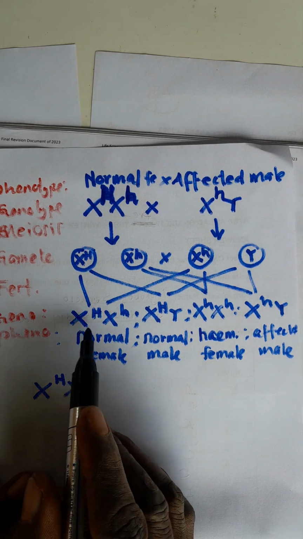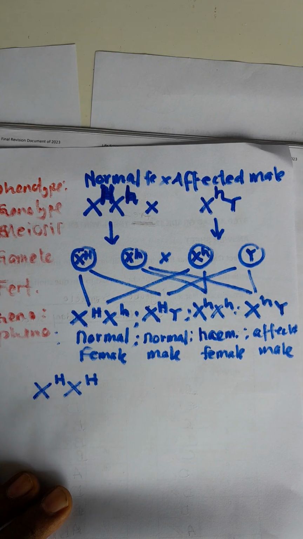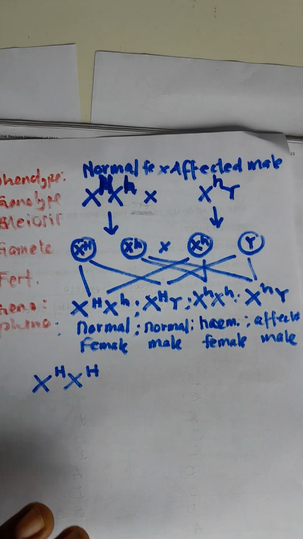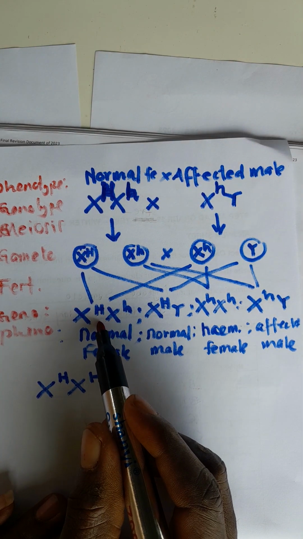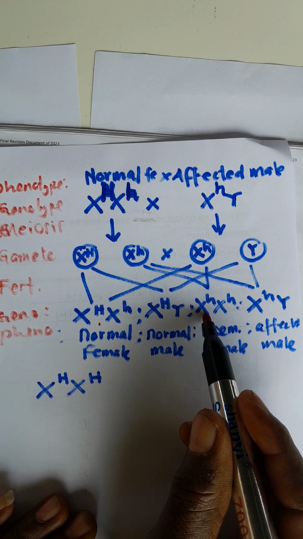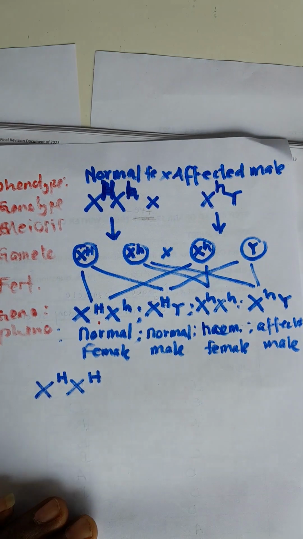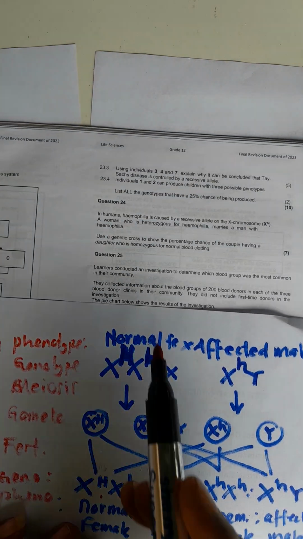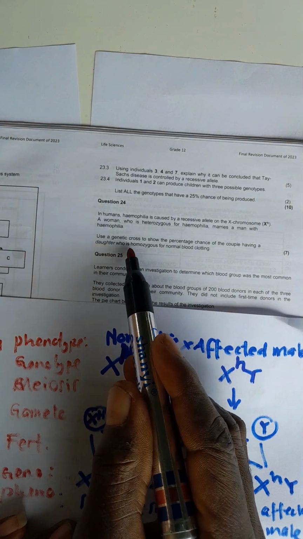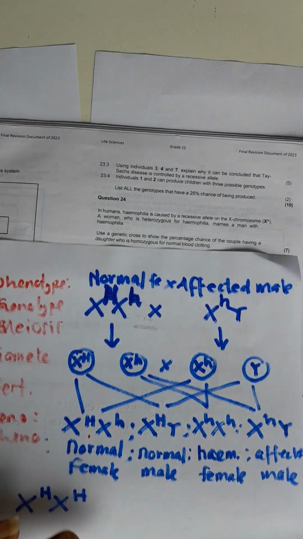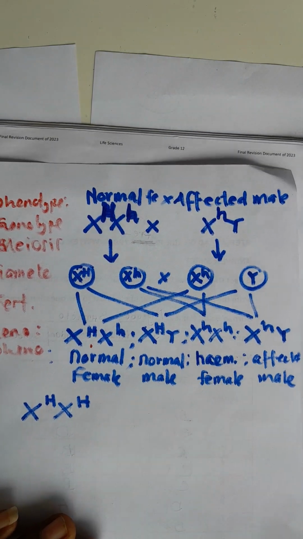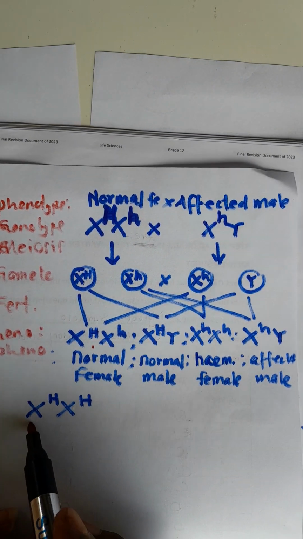So now when you look at the females, we have only two females in this. This is a heterozygous female, and this one is a homozygous female. But here we want a daughter who is homozygous for normal blood clotting, meaning that this female shouldn't be affected. So it should be like this.